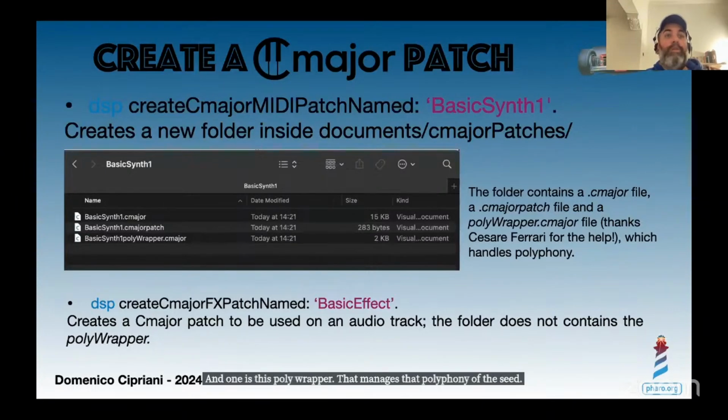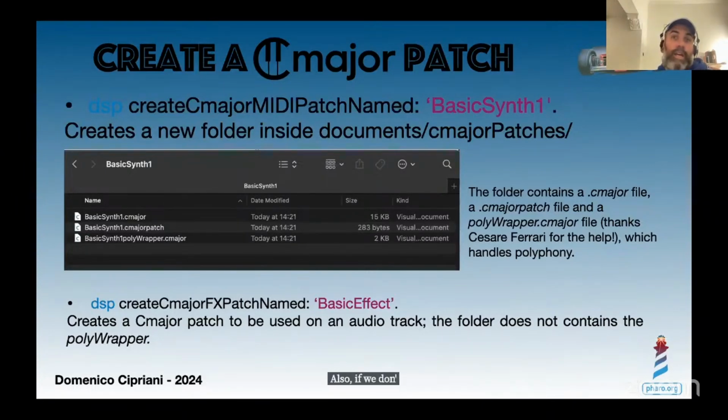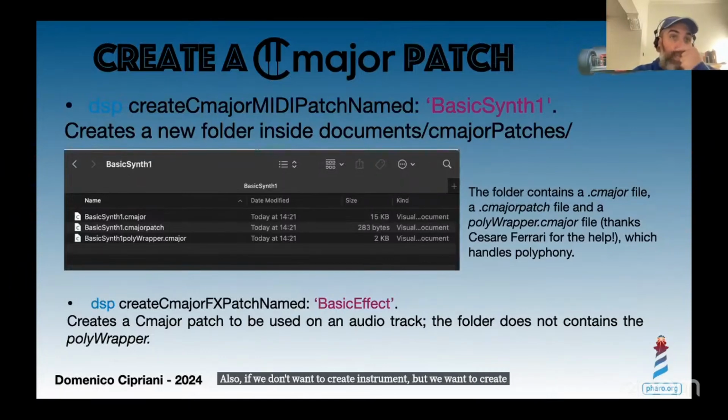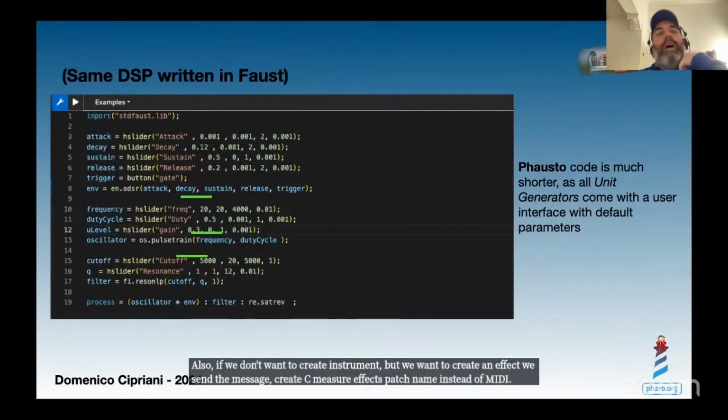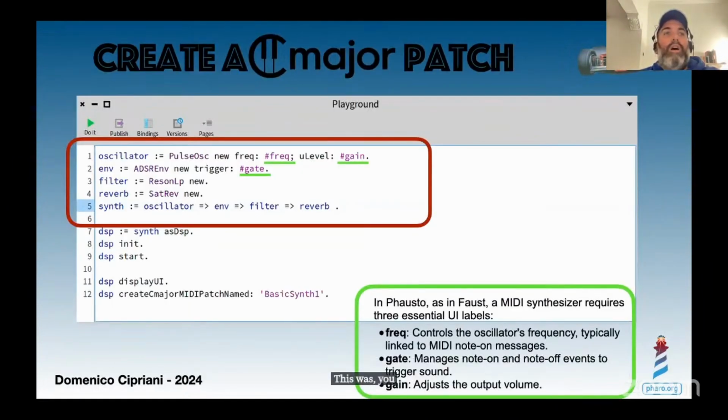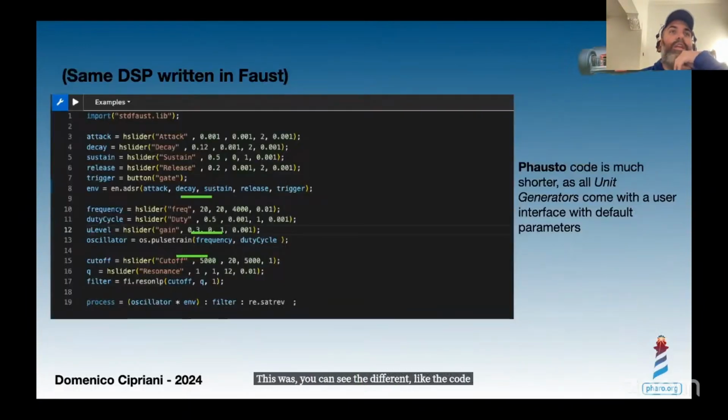Also, if we don't want to create an instrument, but we want to create an effect, we send the message createCmajorEffectsPatchName instead of MIDI. This way, you can see the different code in Phausto and the code in Faust.